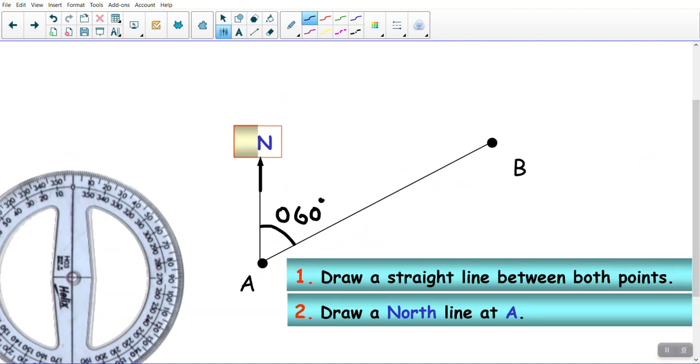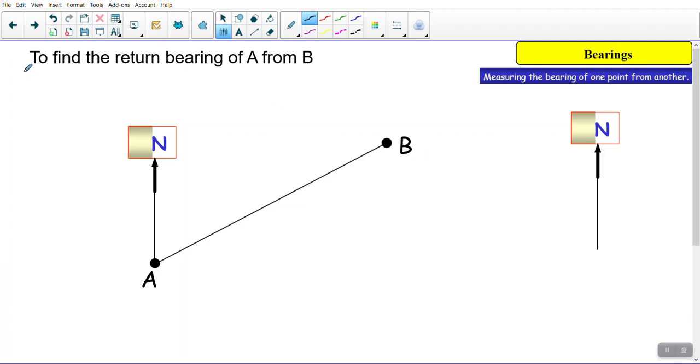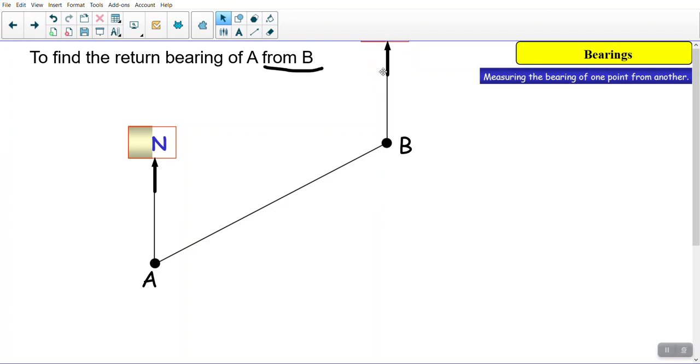Now, what happens if we are asked to measure the bearing of A from B? That's also called the return bearing. Find the return bearing of A from B. Now, look at what they want. They want us to find the bearing of A from B. So B is our starting point. Hence, at the starting point B, we get the north and place the north here.